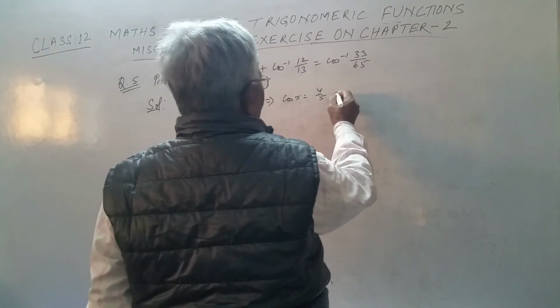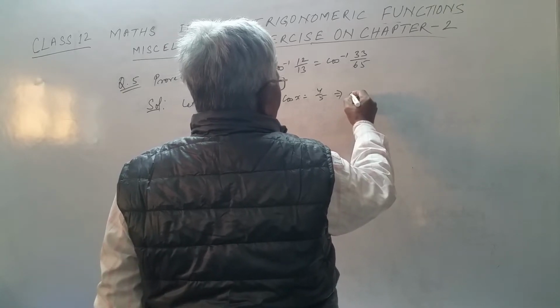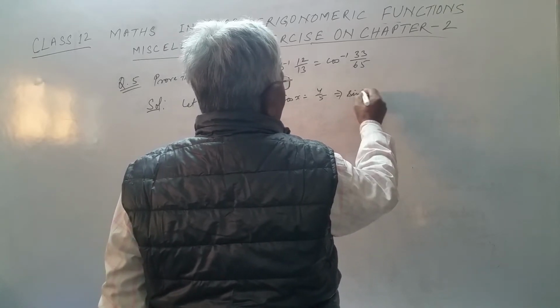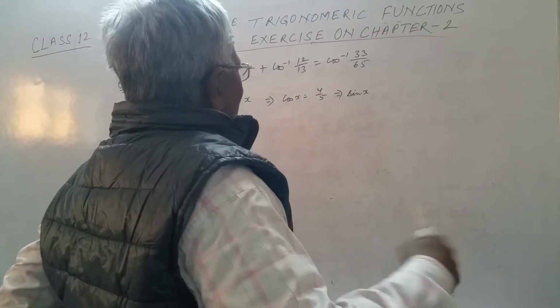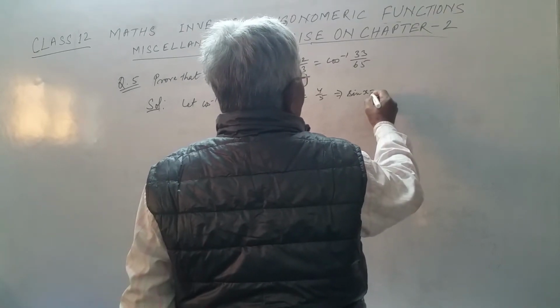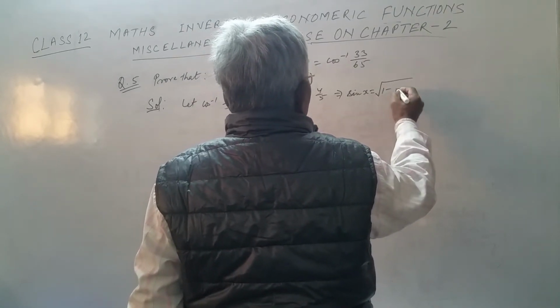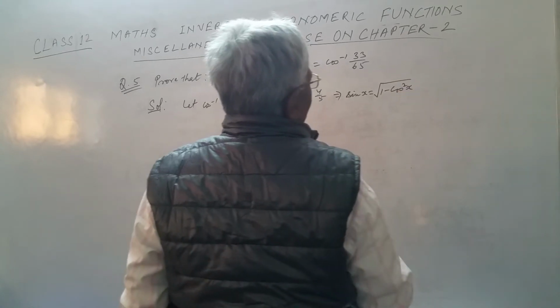Then sin x, now we have got sin because cos you are getting, so sin is needed. Sin x is equal to root over 1 minus cos square x.